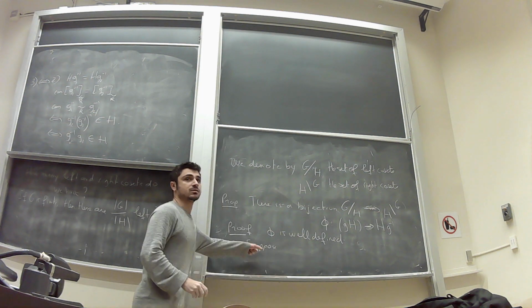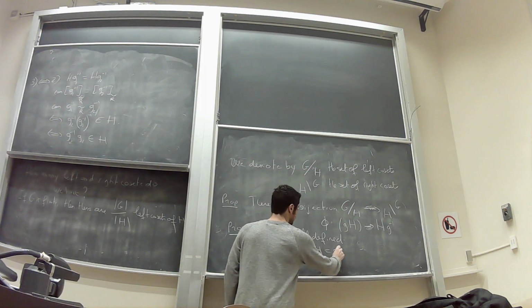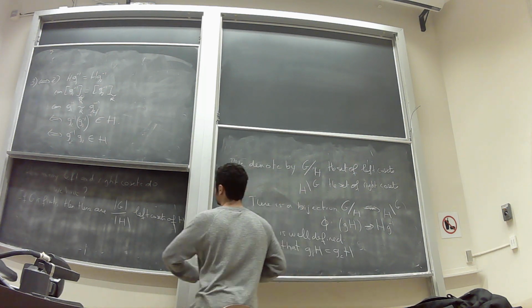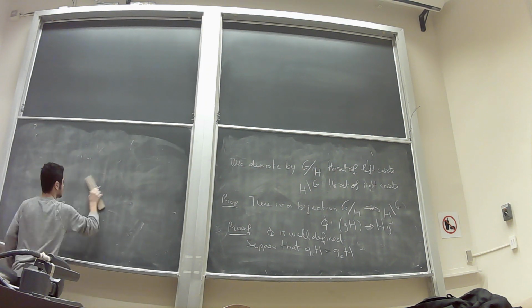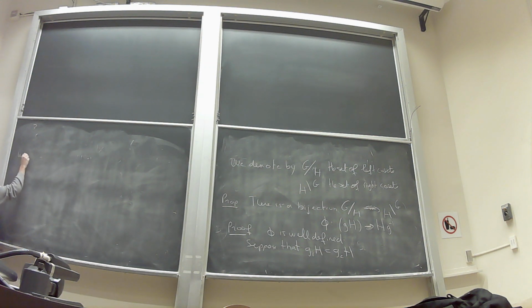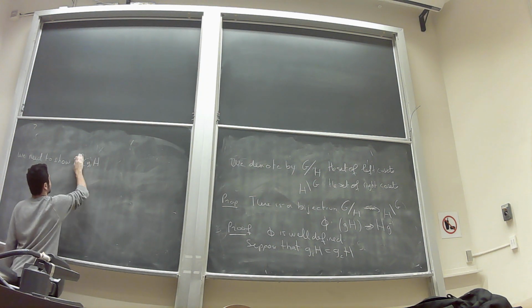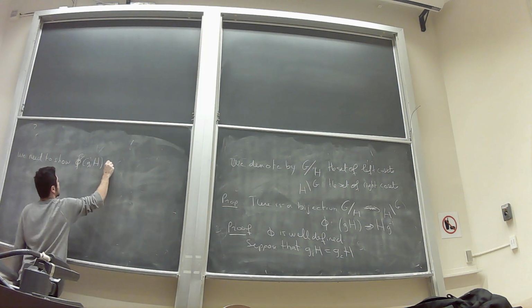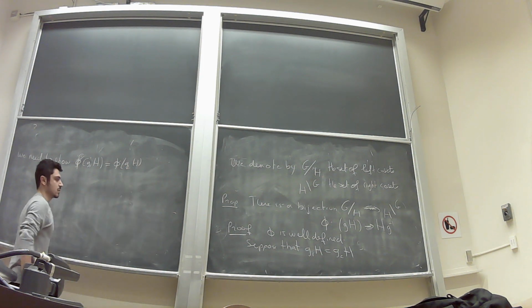So what does well-defined mean? Suppose that g1H is equal to g2H. You need to show that the map gives the same result, right?